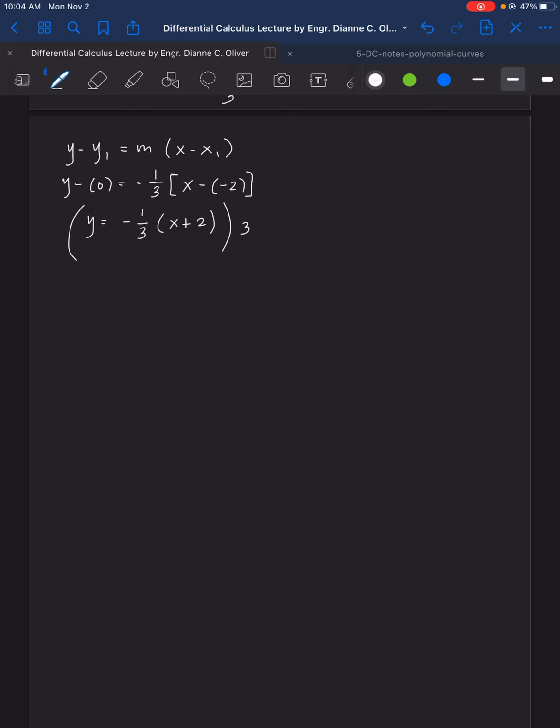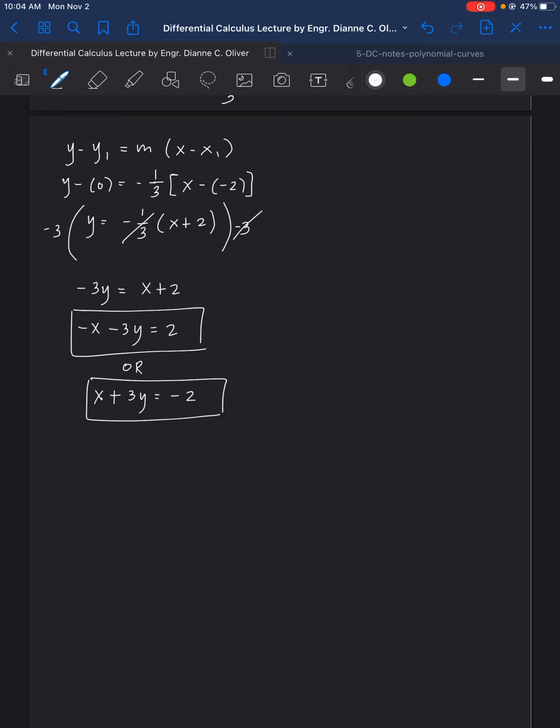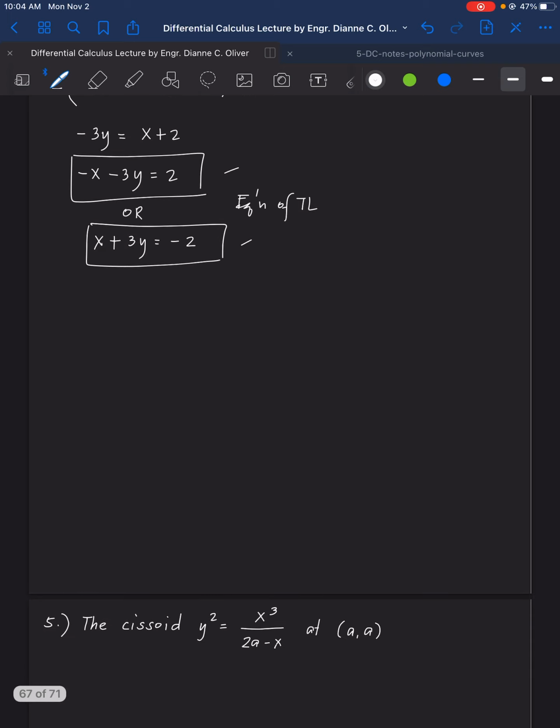Multiply both sides of the equation by negative 3 so that this one is cancelled. Then distribute negative 3 on the other side, so we have x plus 2. Negative x minus 3y equals 2. That is your tangent line, or we have x plus 3y equals negative 2. So either of these two is the equation of the tangent line.